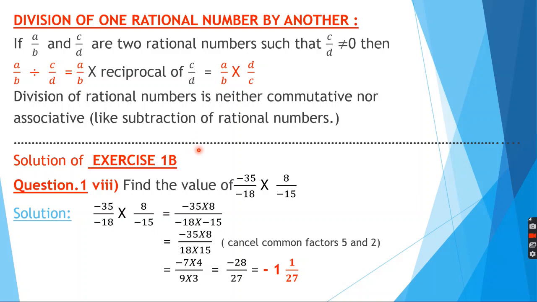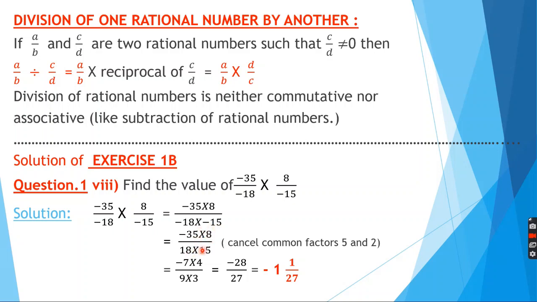Now question number 1 is to multiply the two rational numbers minus 35 by minus 18 into 8 by minus 15. The product of the two rational numbers is equal to the product of the numerators by the product of the denominators. That is minus 35 into 8 by minus 18 into minus 15.